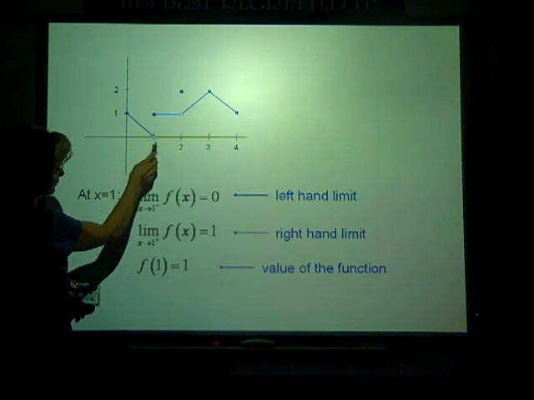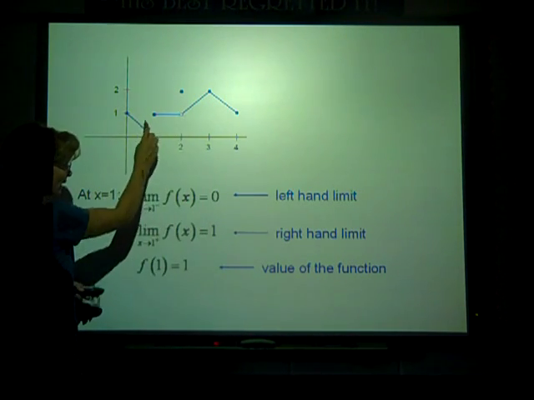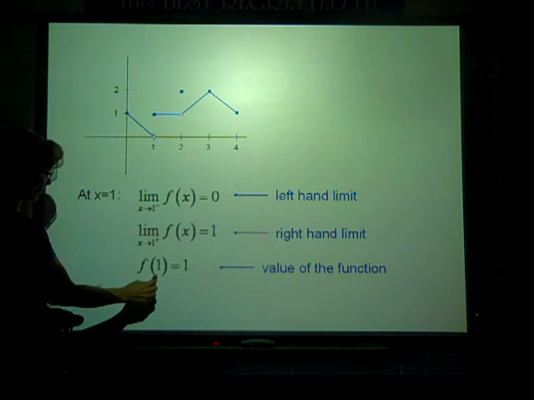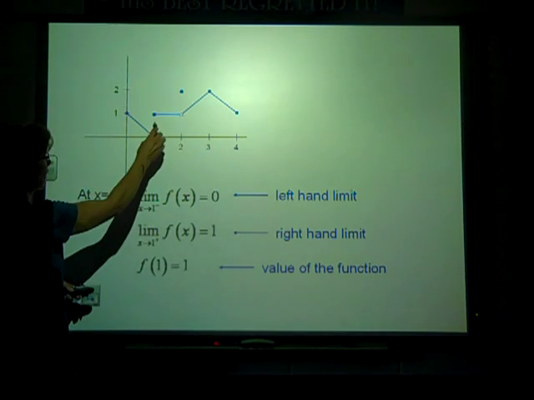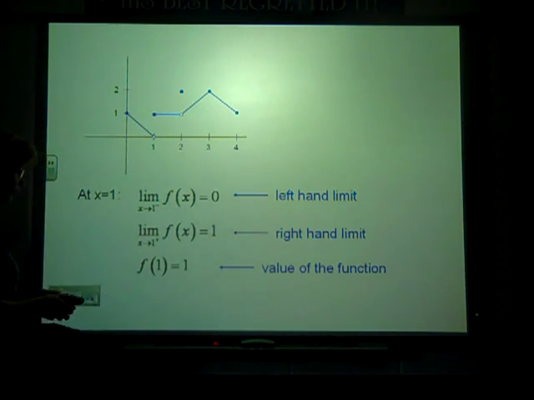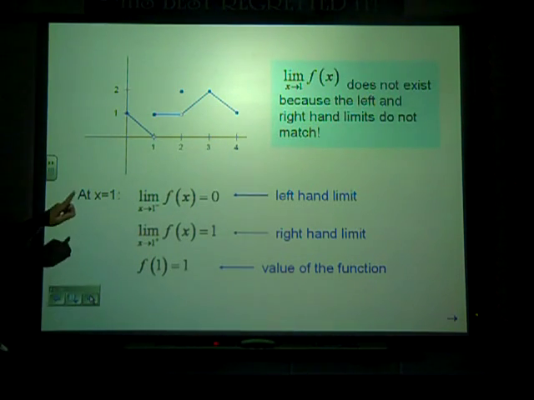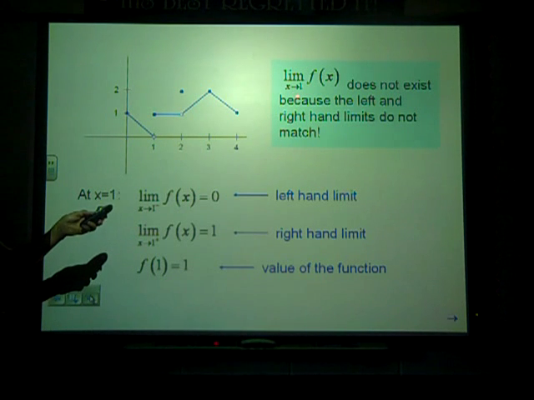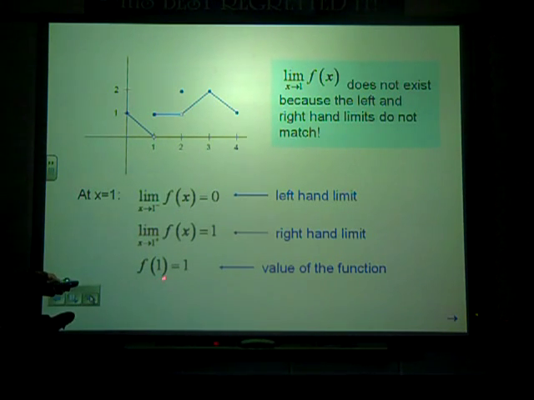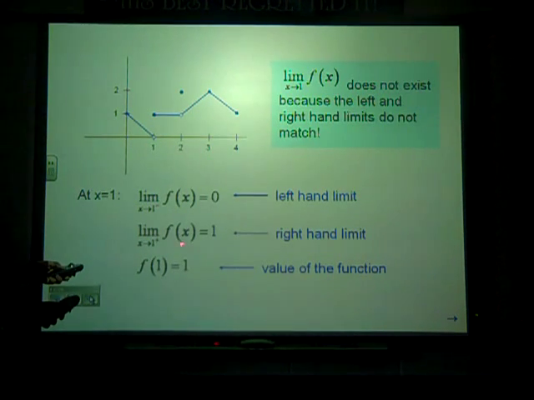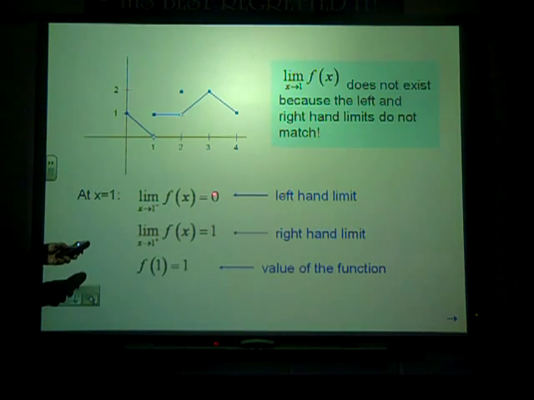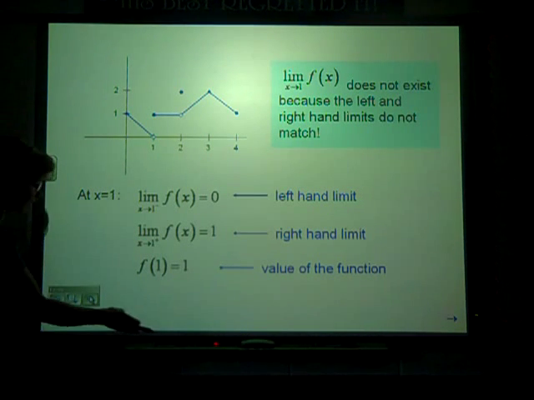It wants to be 0 from the left. It wants to be 1 from the right. So f of 1 is 1 because that is where it's defined. But if these two don't match, then we say the limit doesn't exist. The value of the function exists. We know what it wants to be from the left and the right. But if these don't match, we say it does not exist.